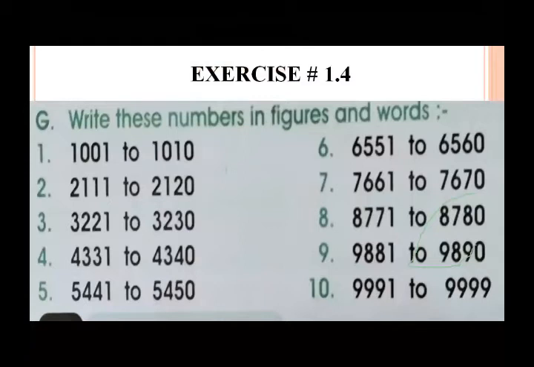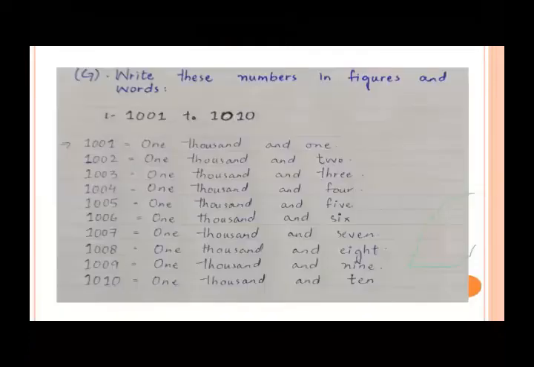You have to leave one page, then make a title page, then we start exercises. In this way you will complete all parts of exercise 1.4, a few parts in the book and a few parts in your fair copy, as I mentioned in the home task. Okay, so our exercise 1.4 is completed now.